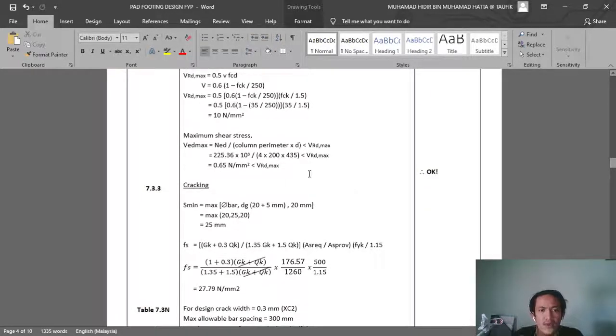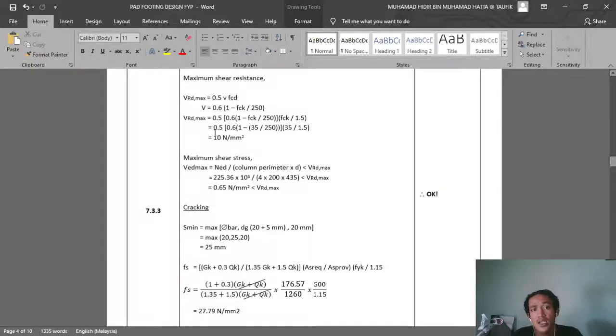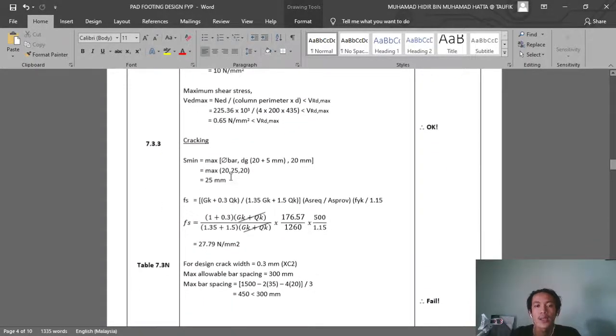Then the value of VRD max must be larger than VED max. So the shear that it can resist is larger than the shear stress that pushes. Okay, so it is okay. VRD max is larger.